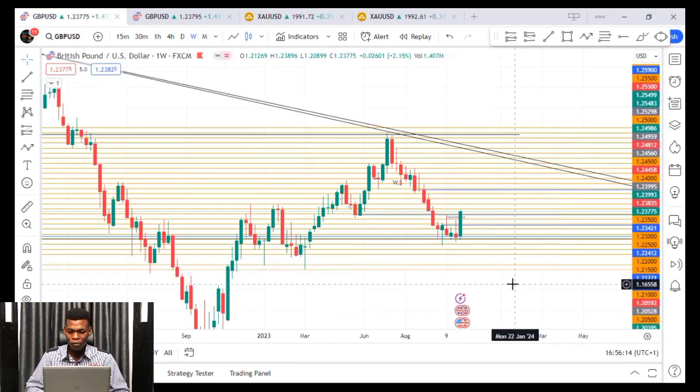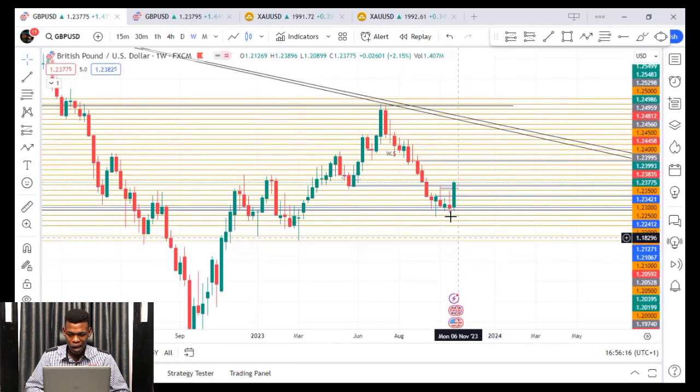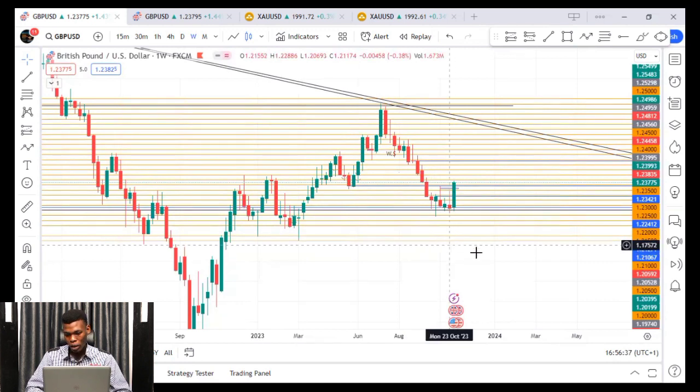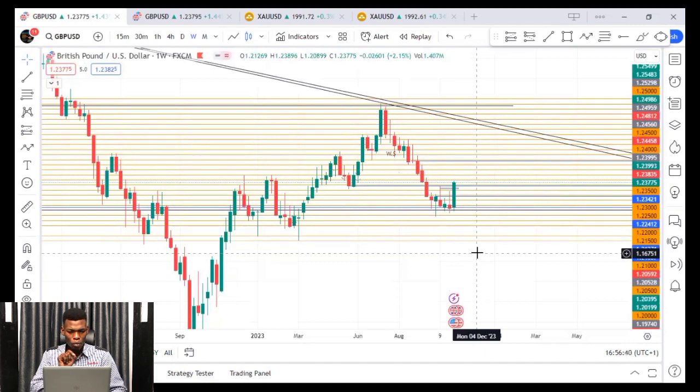It closed very bullish, engulfing the previous candles, like five previous weeks' candles, the candles that had been forming since September 23rd till last week. It's telling us there is momentum in the market already.